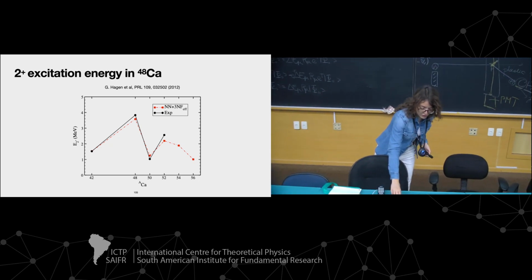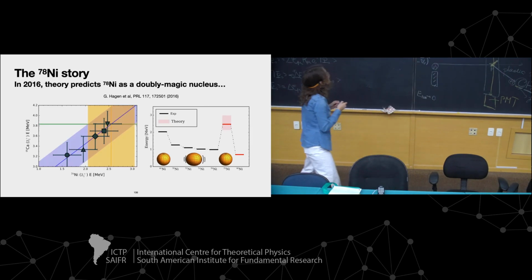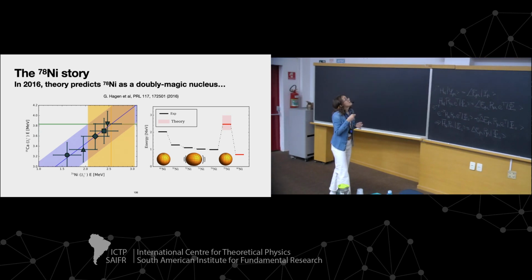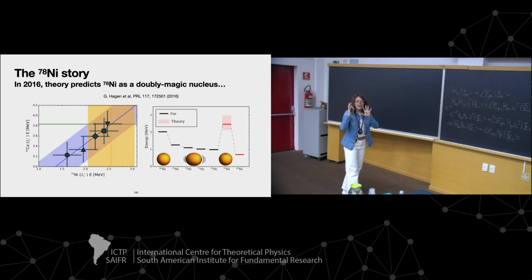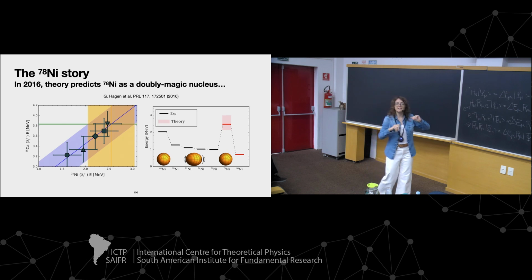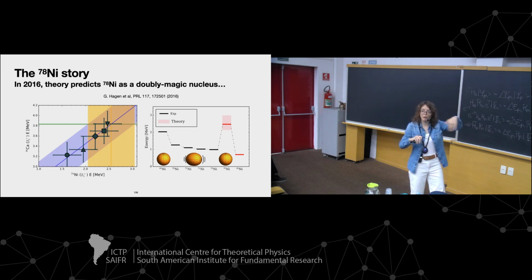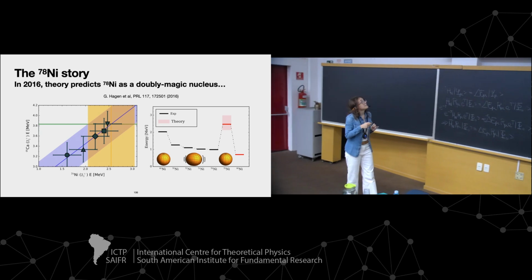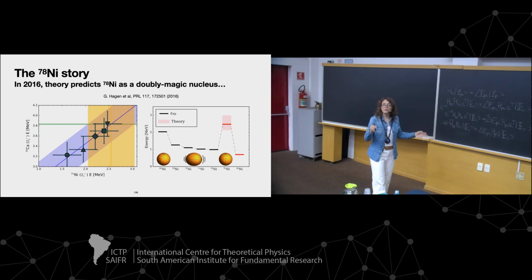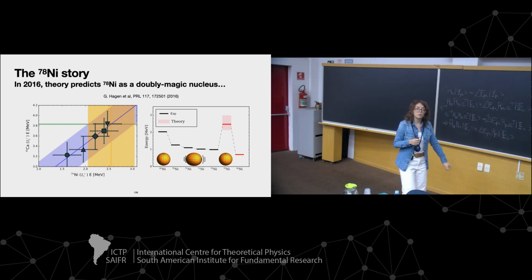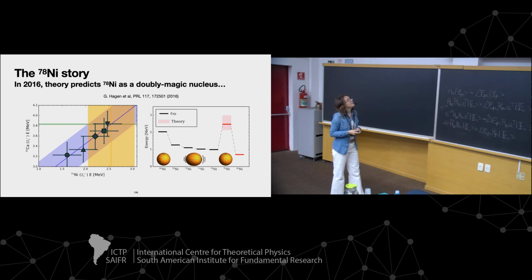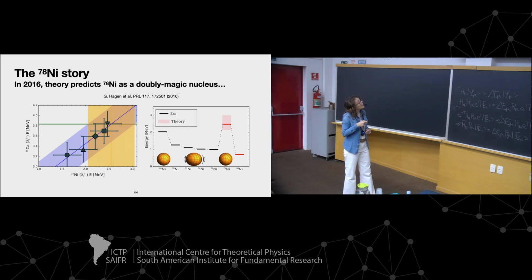And this has actually been used in order to prove, let's say, that nickel-78, so we are actually very far away in the neutron-rich land if we follow the nickel isotopic chain, is a nucleus that has 50 neutrons and 28 protons. So we are really in the neutron-rich land.